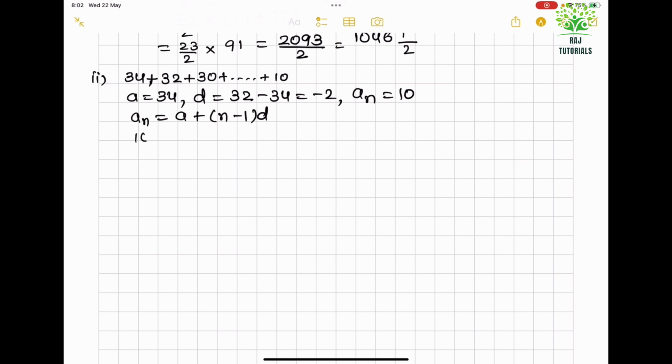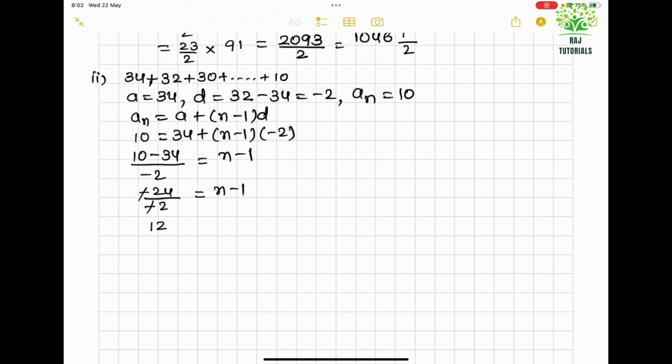So an is 10, a is 34 plus (n minus 1), n I don't know, and d is minus 2. So (10 minus 34) by minus 2 will be n minus 1. So minus 24 upon minus 2 equal to n minus 1. So 12 equal to n minus 1. So n equal to 13.